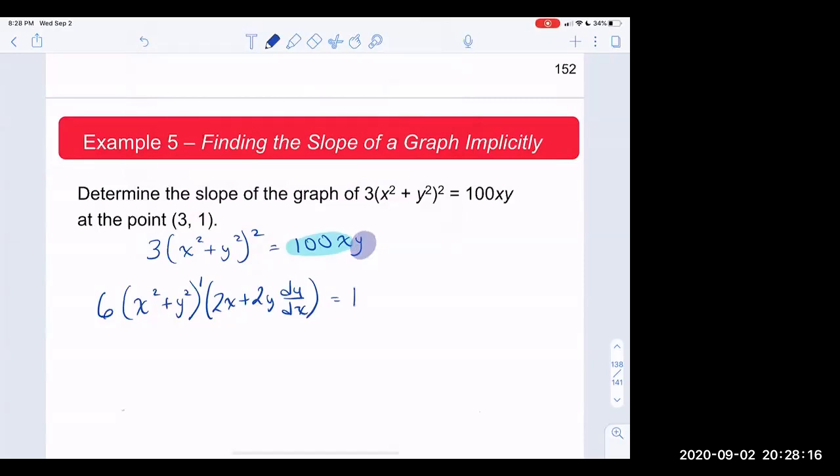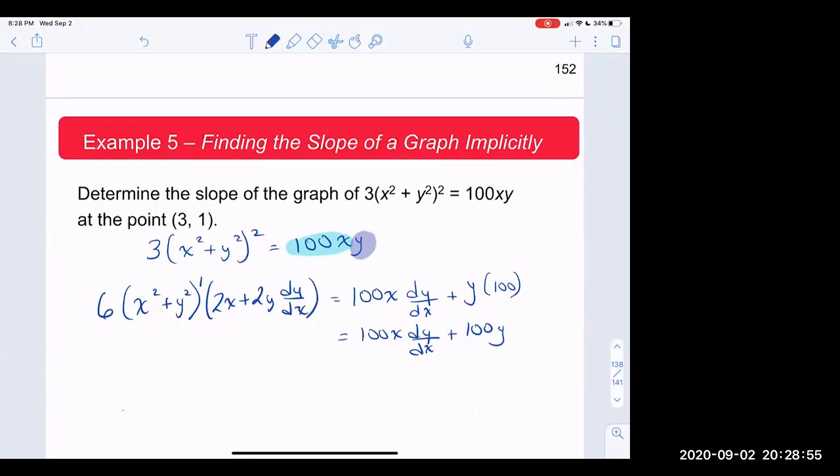So I've got the first times the derivative of the second, which is just 1 dy dx, plus the second times the derivative of the first, which is just 100. Because it's the first times the derivative of the second, plus the second, y, times the derivative of the first.